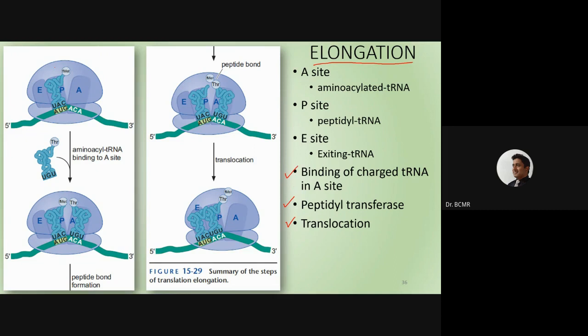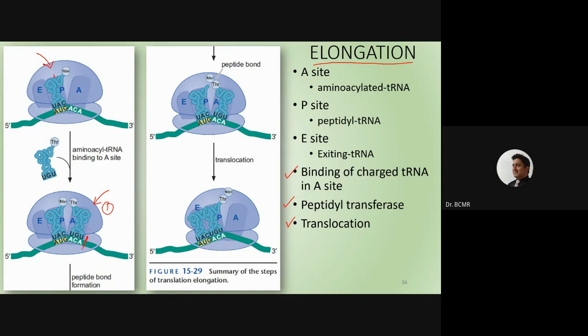So we were in this place. The initiator tRNA is in the P site, the ribosome small and large subunits are set, and that is where initiation has happened. Now we need the other amino acids to come. And to come, they should come in the form of charged tRNA. So one is binding of charged tRNA.